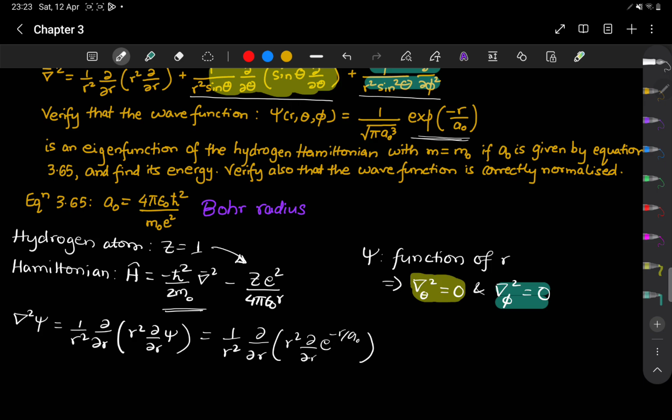The constant will just come out of the derivative. So derivative of exponential remains the exponential and the coefficient comes out.